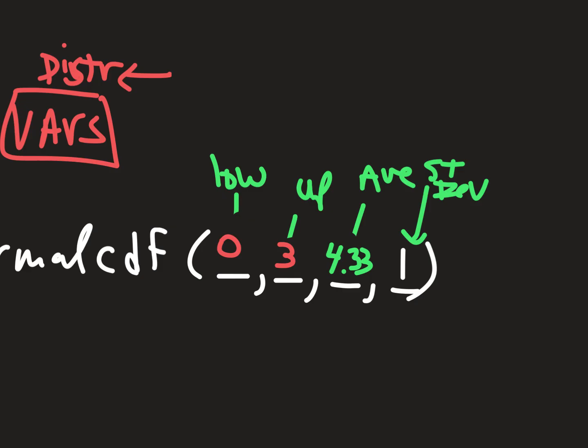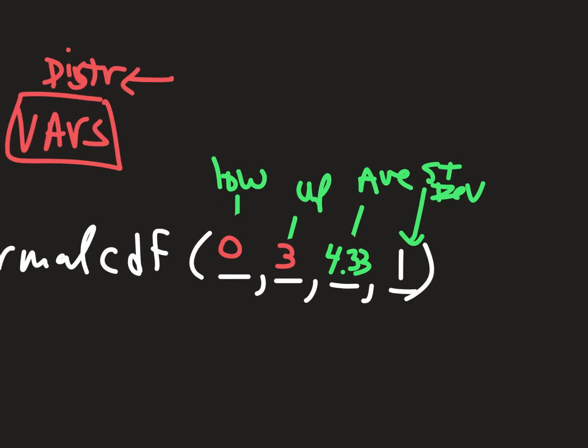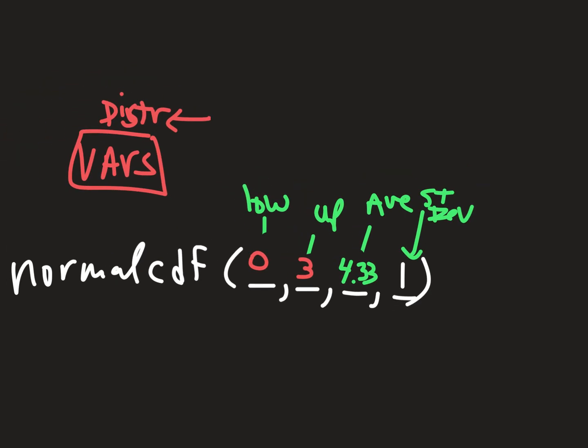All right. So go ahead and enter that in now using your normal CDF, and it'll tell you what I think is a very reasonable question: what percentage of people finished in less than 3 hours? That's what this is figuring out.